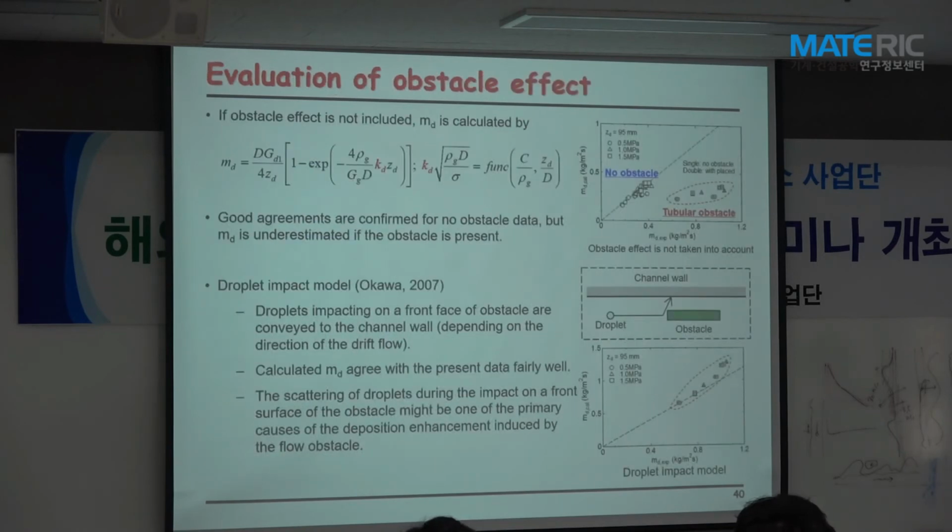Maybe today I do not have enough time to describe the details of this figure, but it's very simple. In this model, the assumption is too simple. Droplets come here, and if the droplets impact this area of the obstacle, they are splashed, may have some radial component of velocity, and all of these are deposited to the wall.